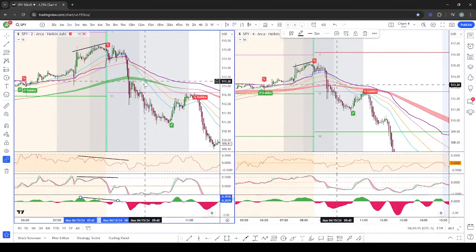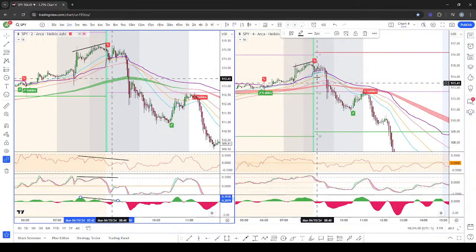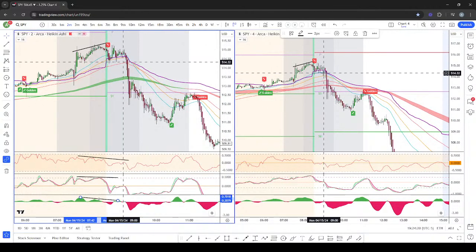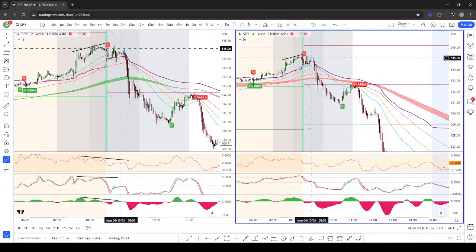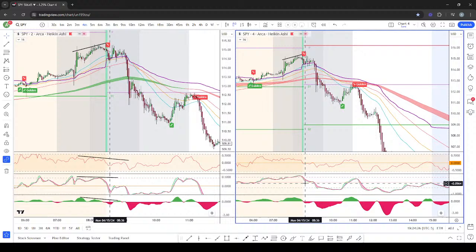As price is coming down, it consolidated here for a minute, but you can really follow it nicely on a 4-minute time frame.